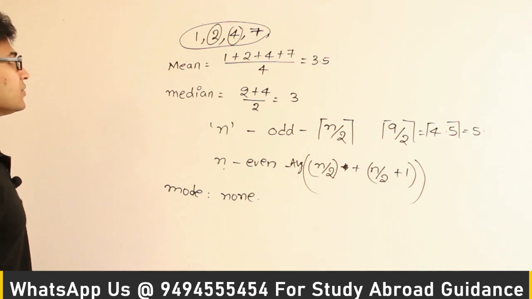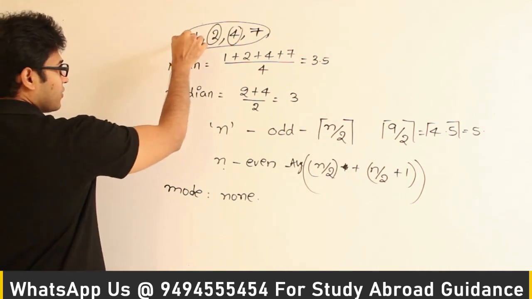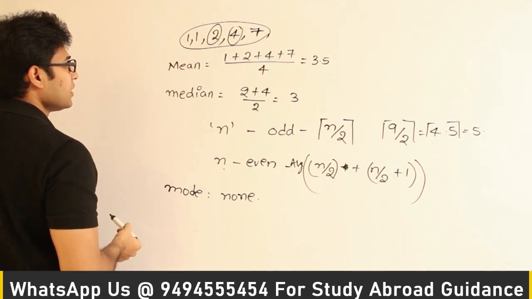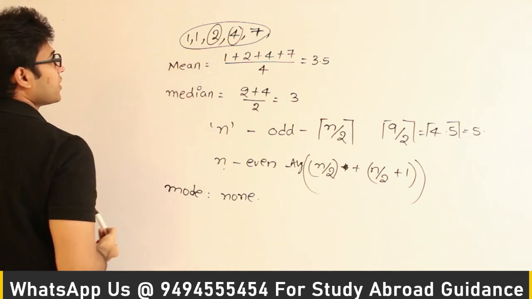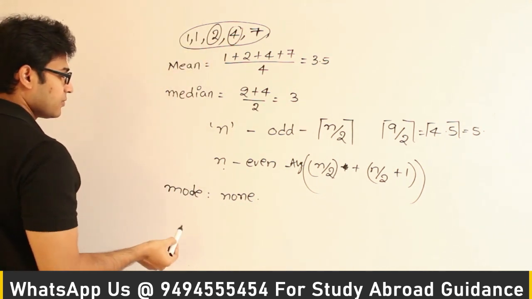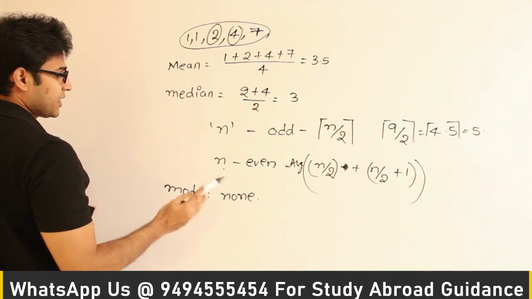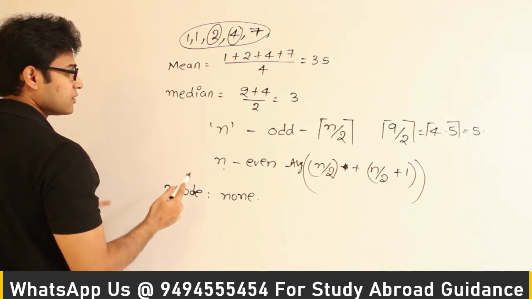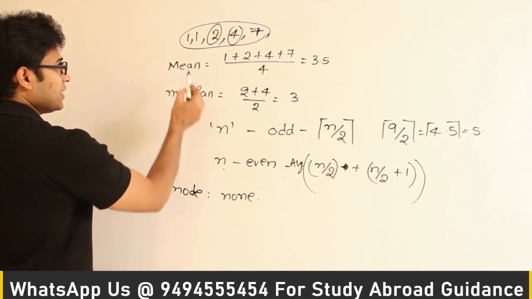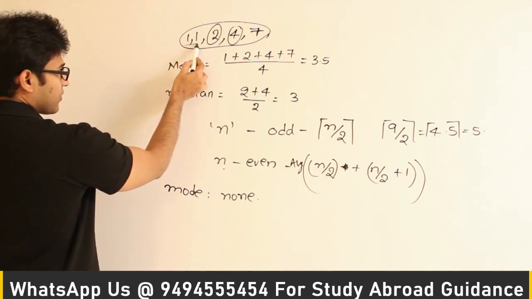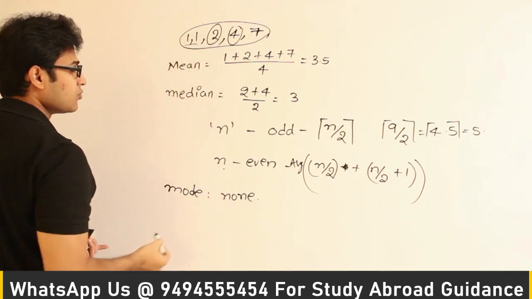In case there would have been one more value like 1 comma 1, then the mode would have been 1, right? And one more dilemma is, if all the numbers are exactly occurring once, then there is no mode, and if any number is occurring more frequently compared to the others, then that is the mode.